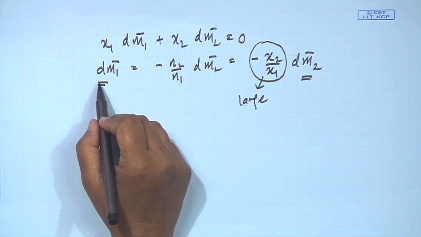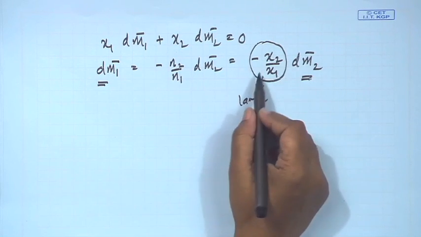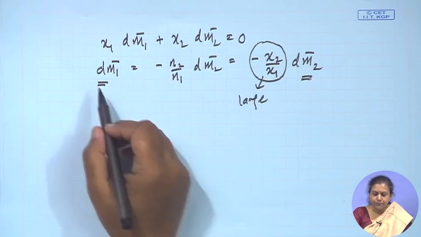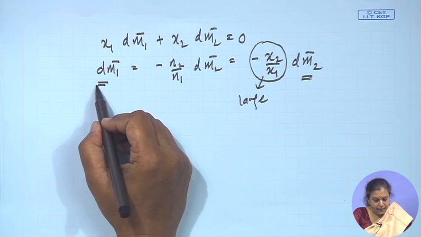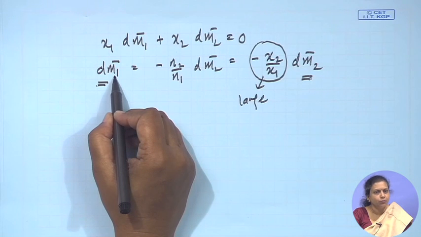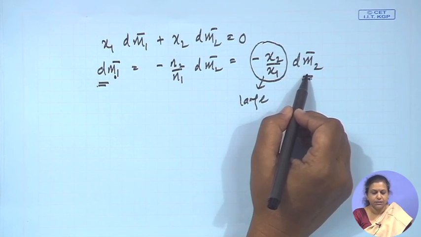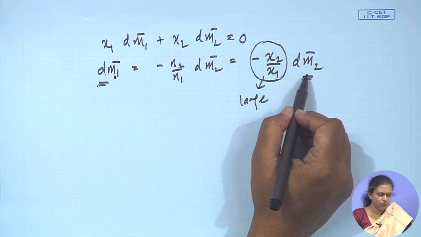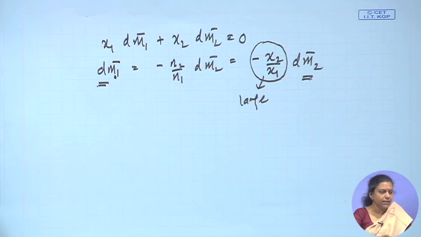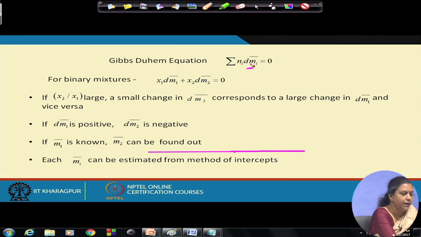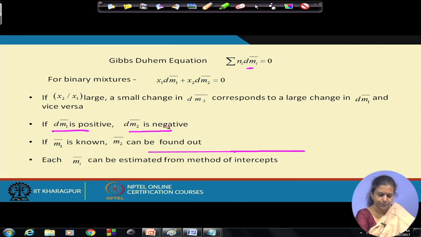Number 2, what do we find? x2 by x1 is always positive. So, an increase in the partial molar property of component 1 leads to a corresponding decrease in the partial molar property of component 2. Or in other words, if dm1 is positive, dm2 can be negative, fine.